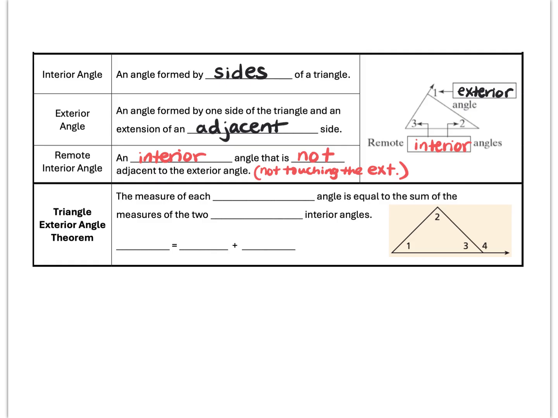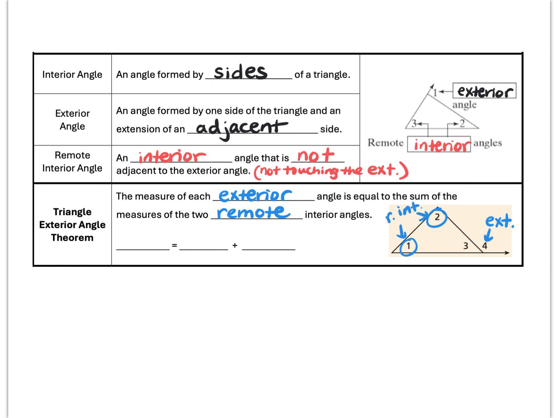And in any triangle, the measure of each exterior angle is equal to the sum of the measures of the two remote interior angles. So in our picture here, the exterior angle is angle 4, the one that's outside the triangle, and then the remote interiors are the two interior angles that don't touch the exterior.